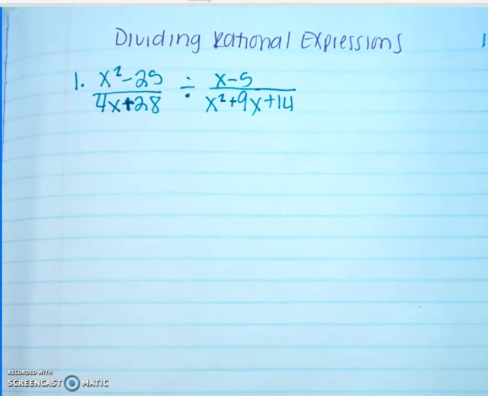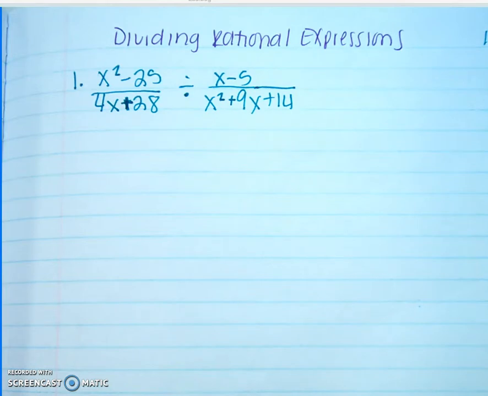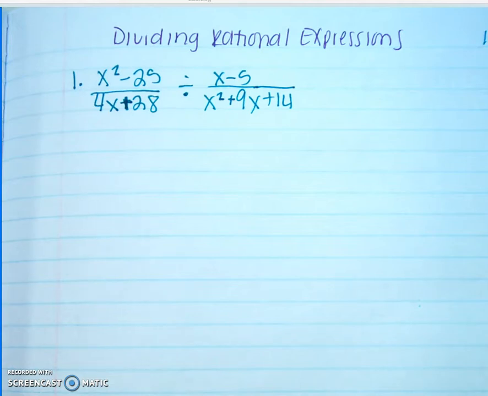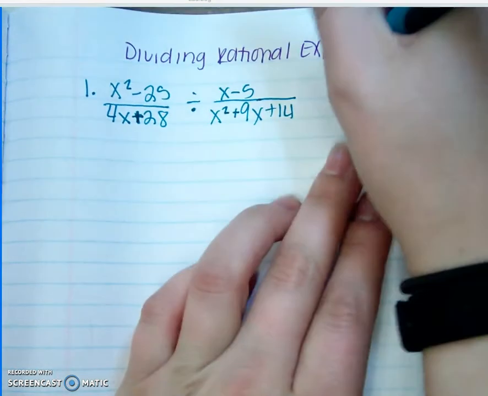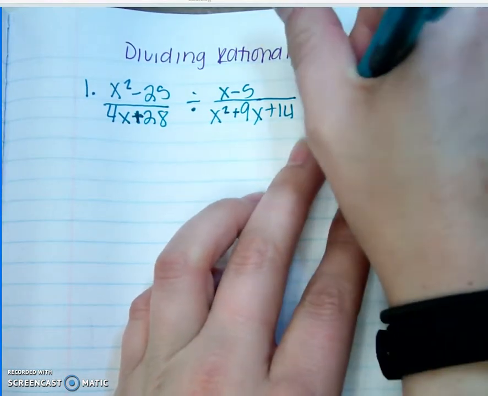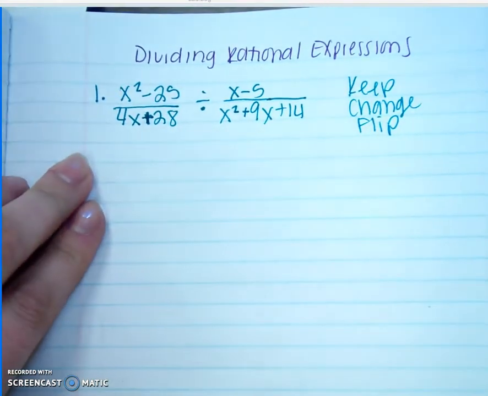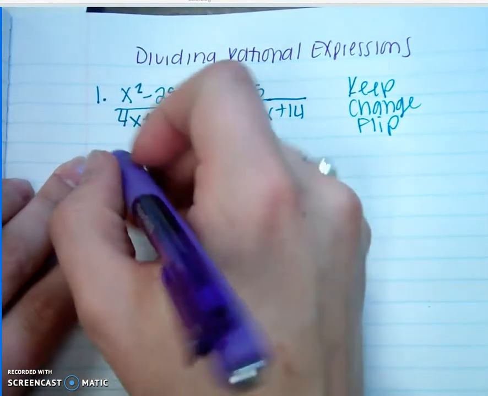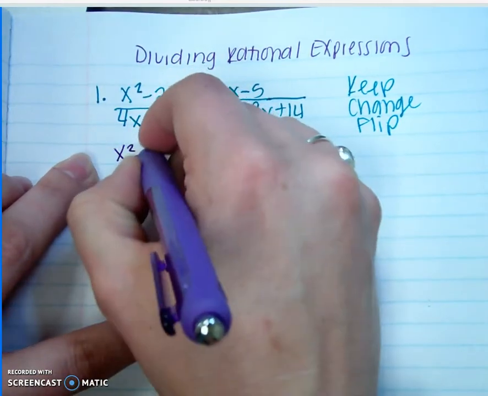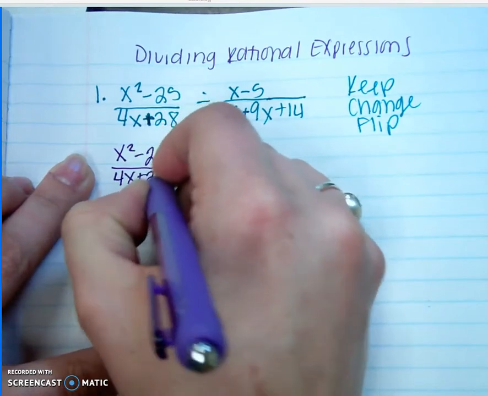Well, we have here essentially two fractions, which is what a rational expression is. So what I'm going to do is how I would typically divide regular fractions. I'm going to keep, change, and flip. So I'm going to keep the first fraction the same, the x squared minus 25 over the 4x plus 28.